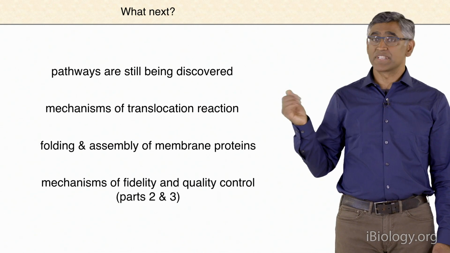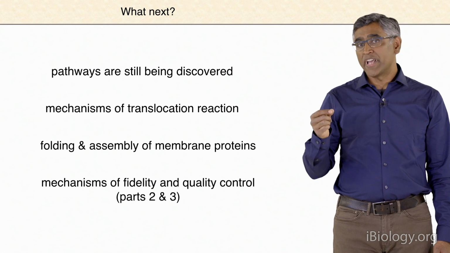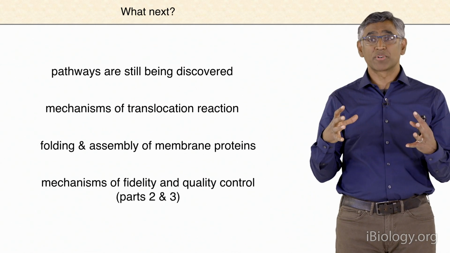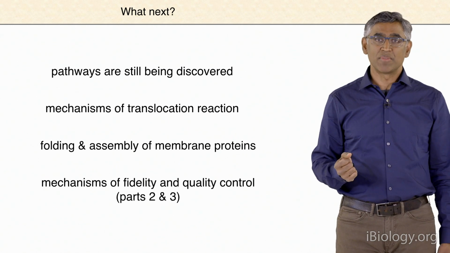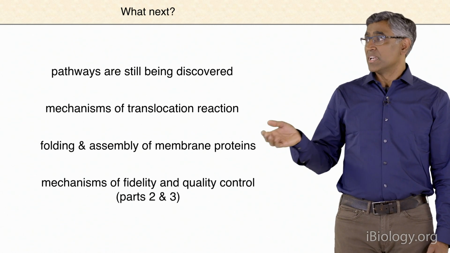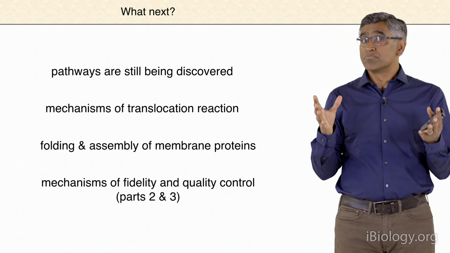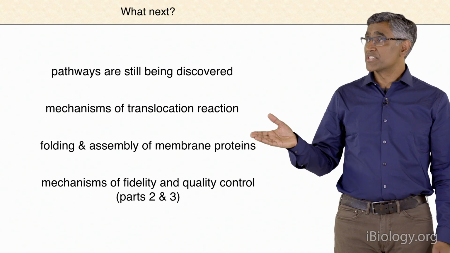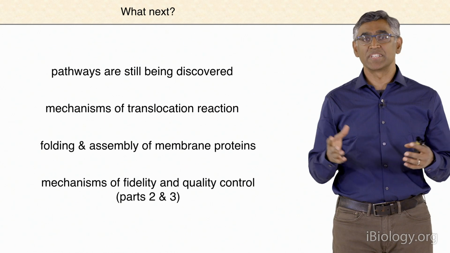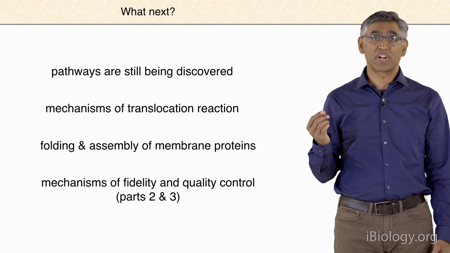However, there are systems, for example, certain systems of export out of bacteria or import of proteins into peroxisomes in which whole folded proteins are transported across the membrane. And we have a very poor idea of how those kind of processes work. Then most of what we know comes from the study of very simple model proteins. But if you want to understand how much more complex proteins, particularly membrane proteins, are folded and assembled, we have a rather poor understanding of that process.